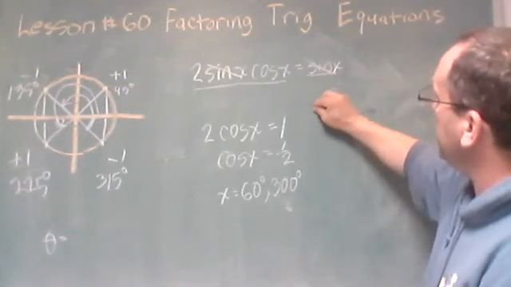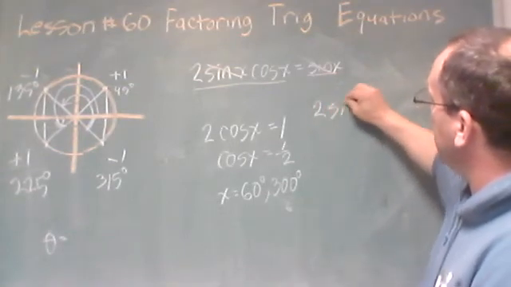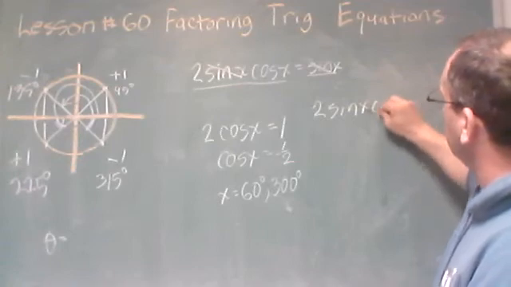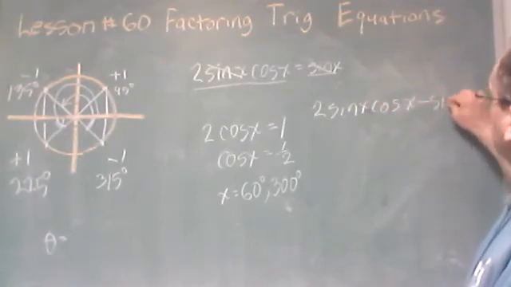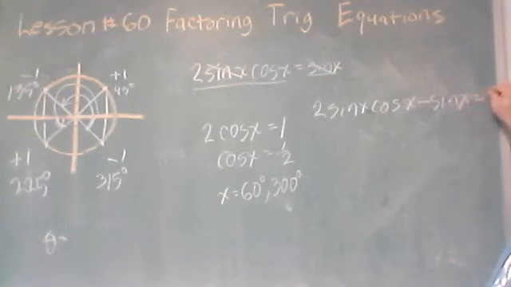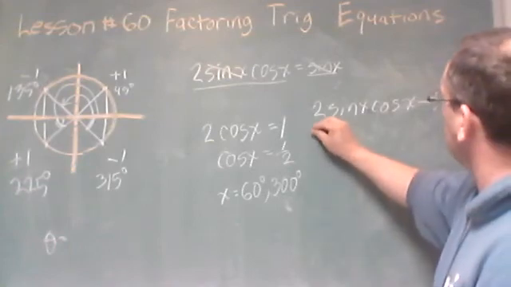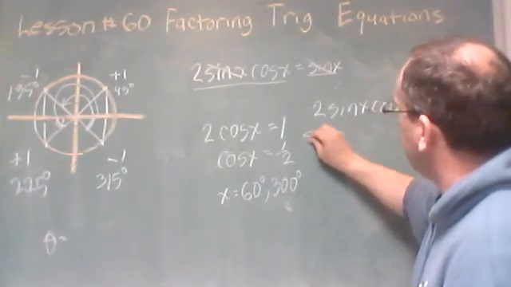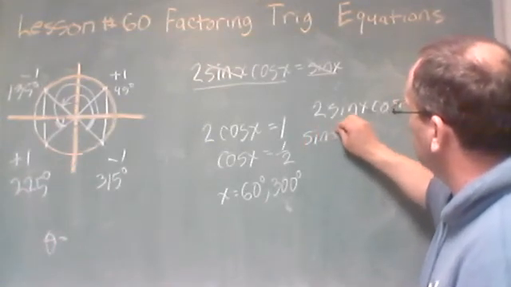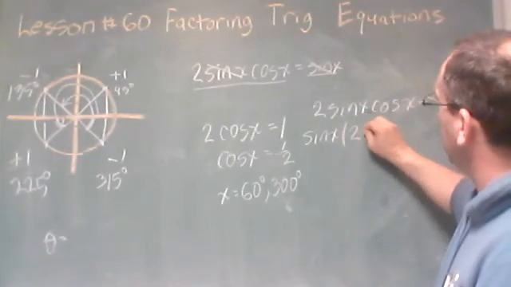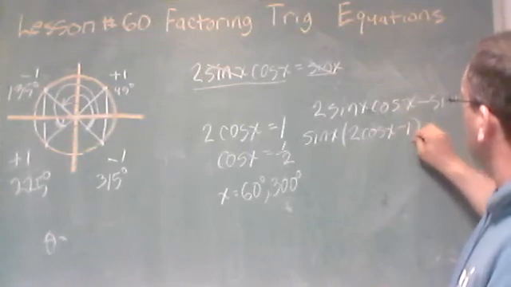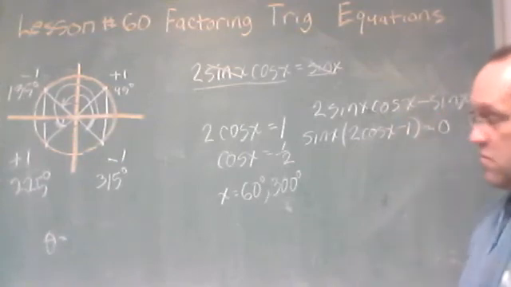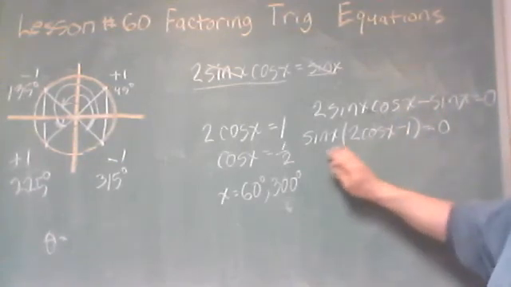In other words, we make that expression 2 sine of x cosine of x minus the sine of x equals 0. Then we factor out a sine of x, and we get 2 cosine of x minus 1 equals 0. These would be our two factors.